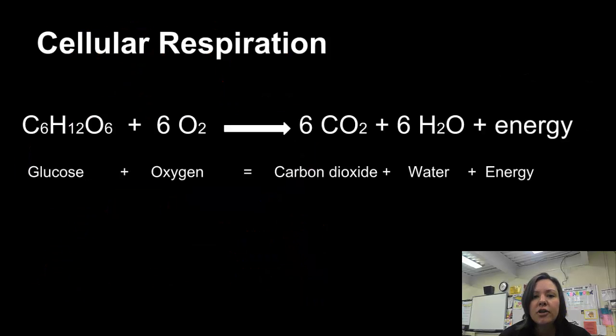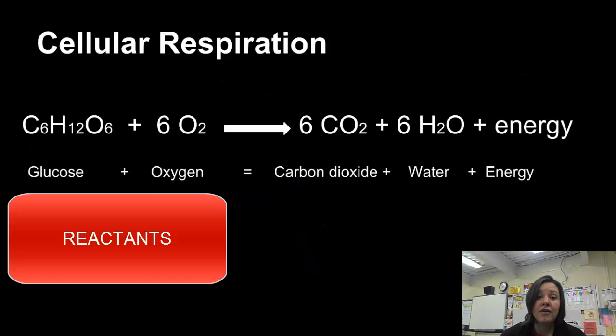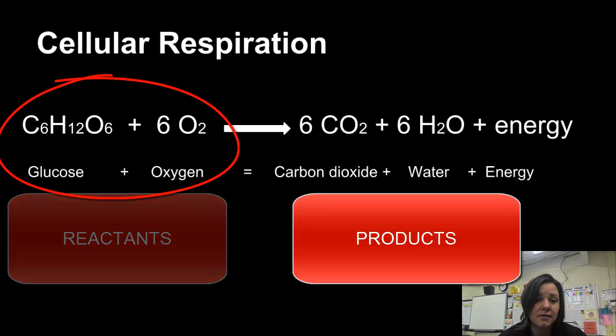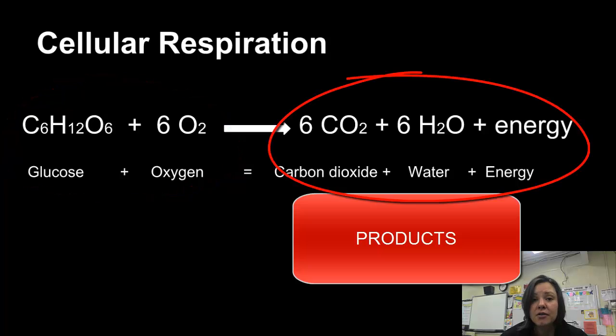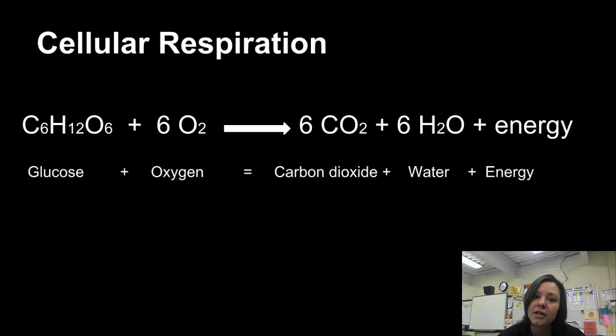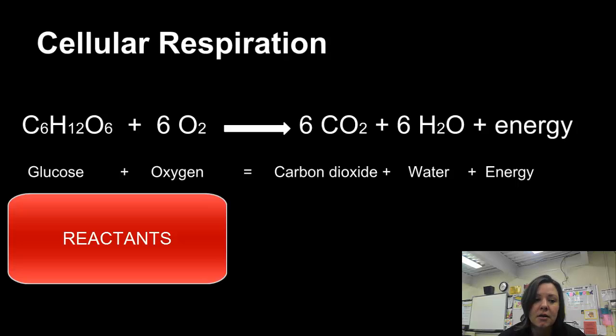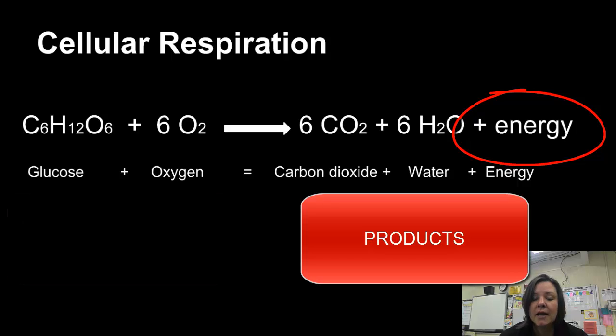So again, here's our chemical formula. Remember, everything on one side of the reaction is called the reactants, and everything on the other side of the reaction is called the products. So in this case, for cellular respiration, our reactants are glucose or sugar and oxygen, and when those combine, energy is released, and it's energy that's usable by our cells.